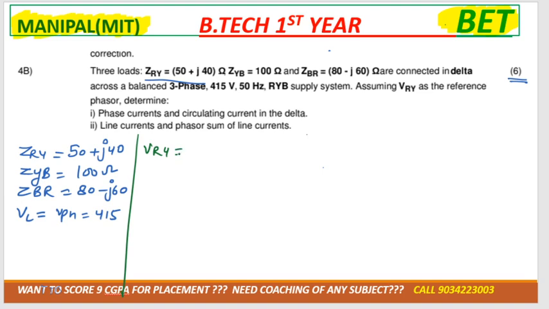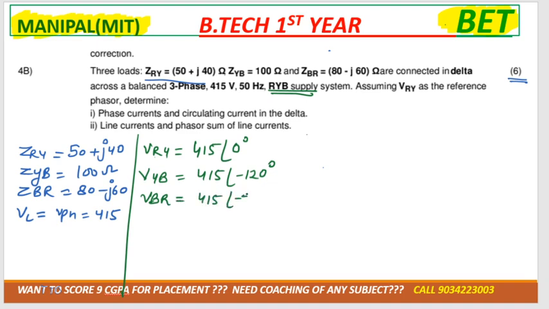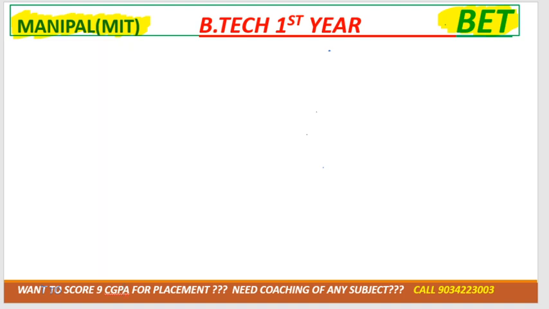So first angle VRY, as they have mentioned the RYB sequence, so it would be 415 angle 0. Then after RY comes YB, so VYB is how much? 415 angle minus 120 degree. VBR is how much? 415 angle minus 240 degree. Okay, these are fixed. RY's angle is 0, YB's angle is minus 120, and BR's angle is minus 240.